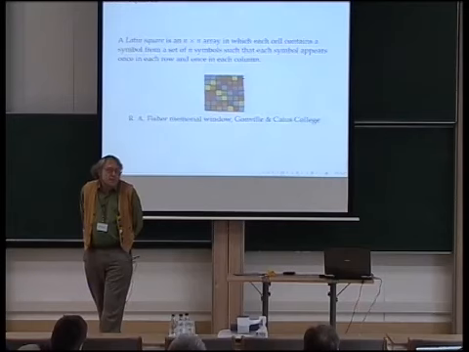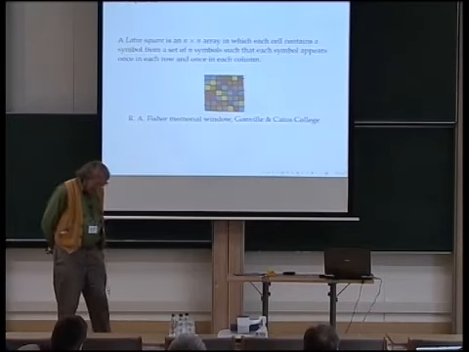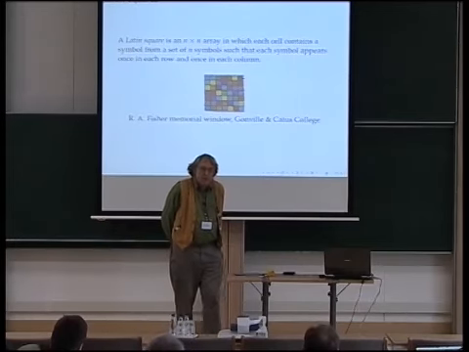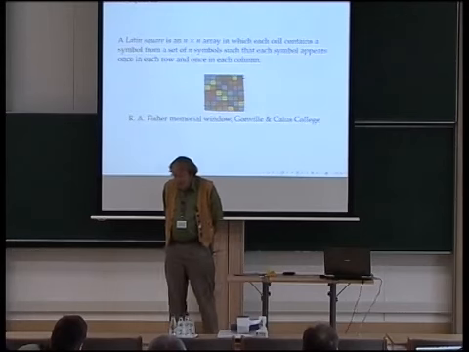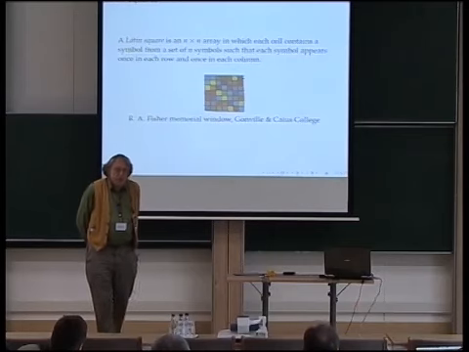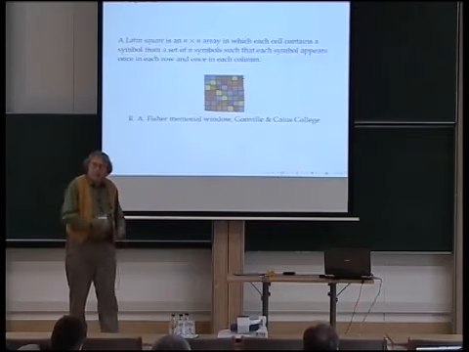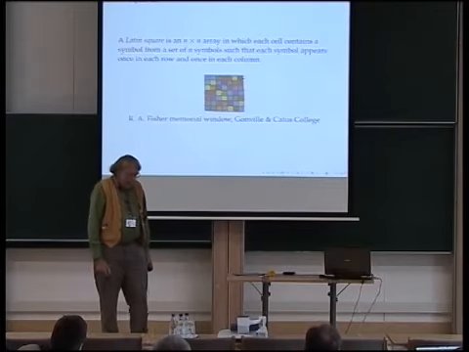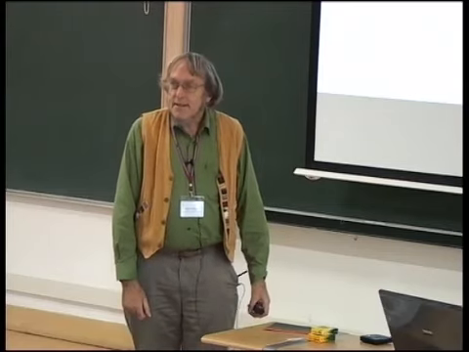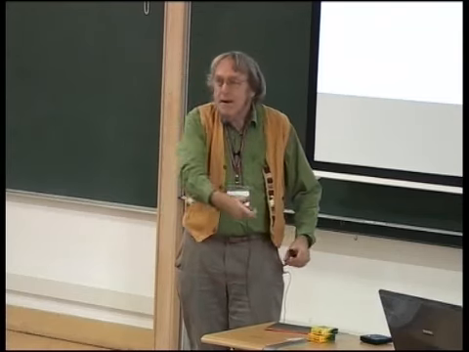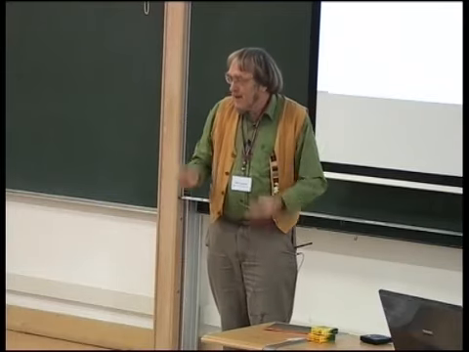Which in a sense fits with Fisher's philosophy, because as I'm going to say a bit later on, Fisher was interested in agricultural experiments, and when you design an experiment using a Latin square, you then have to randomize before you actually lay out the experiment on the plots. Fisher's original idea for randomizing a Latin square experiment was to work out all the possible 7 by 7 Latin squares, write them all on a piece of paper, pick a random piece of paper out of the pack and use that one.